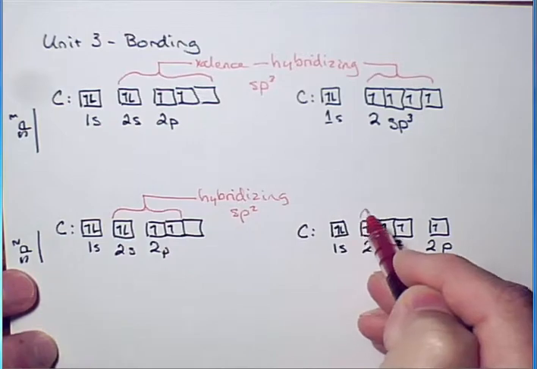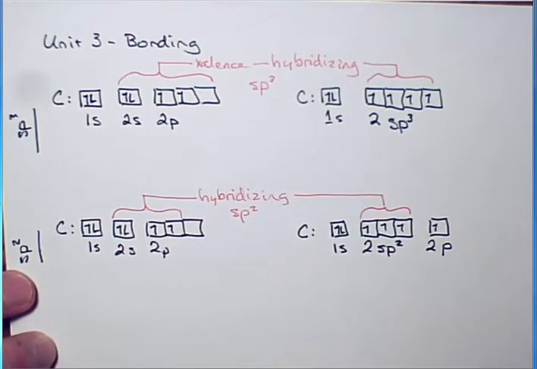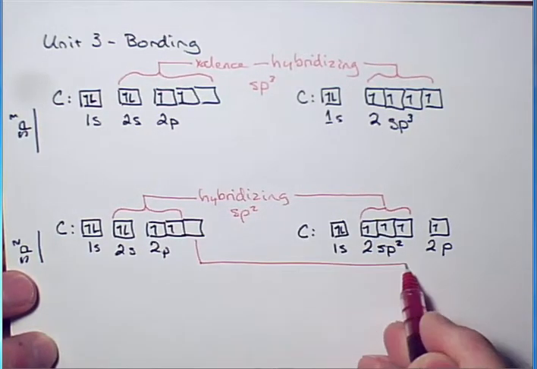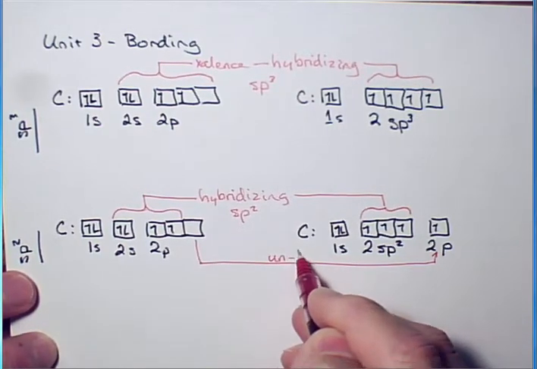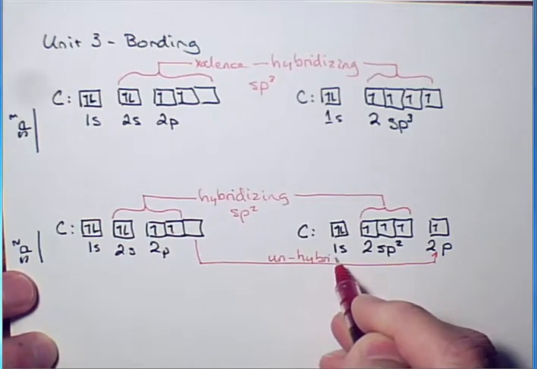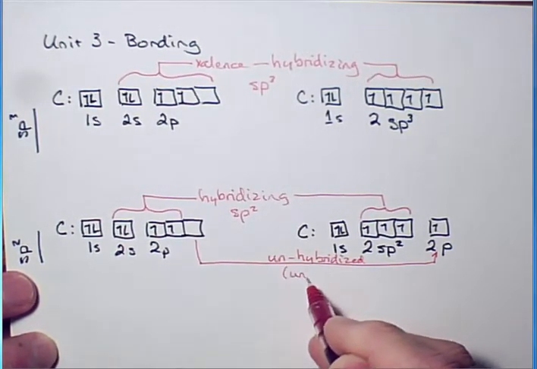And the ones we're hybridizing are these, making these 3 hybrid orbitals here. Which means that we have this orbital here that's left unhybridized, which is basically unchanged.